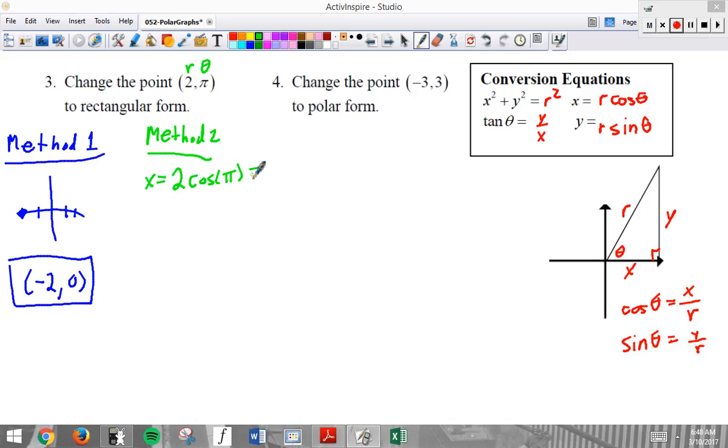Which equals, cosine of theta is -1. 2 times -1 is -2. Y equals r sine theta. Sine of theta is 0. 2 times 0 is 0. So x is -2, y is 0. That's it. Not that bad.